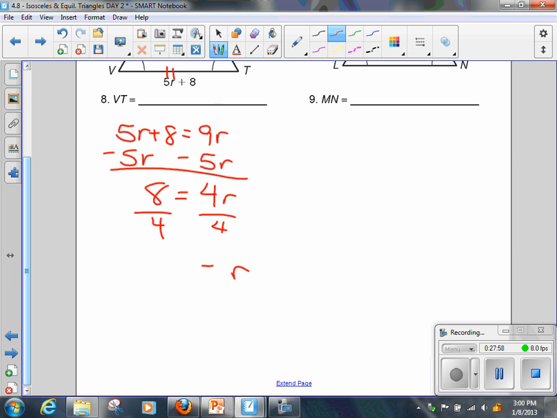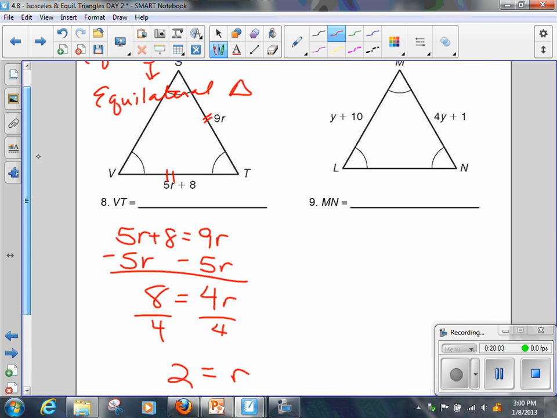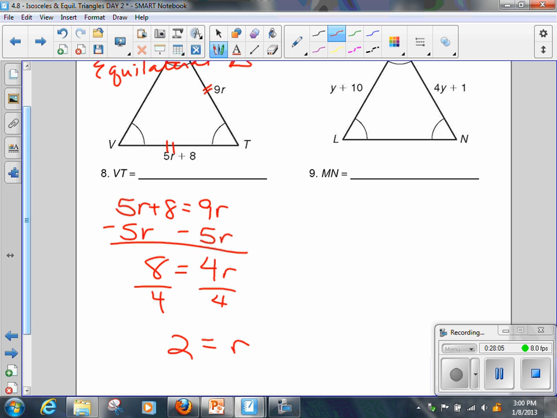R is 2, right? Am I done? No. What do I do now? Plug it in. 5 times 2 plus 8. 10 plus 8 is 18. What's the perimeter of that triangle? 18 times 3 is 54.